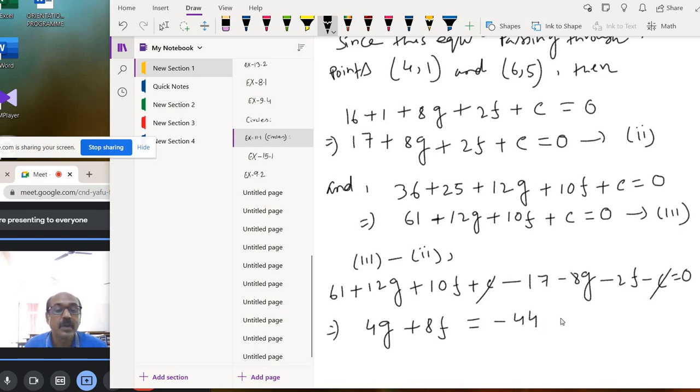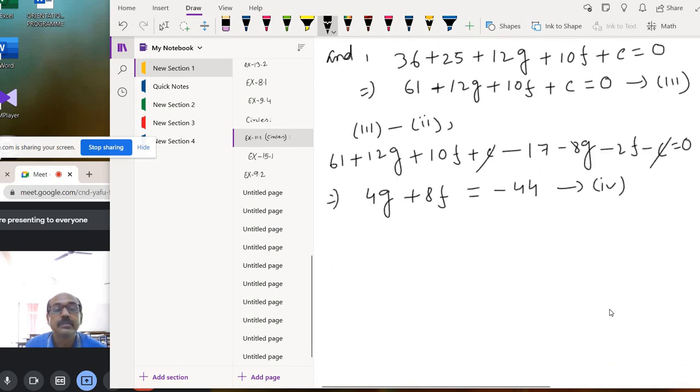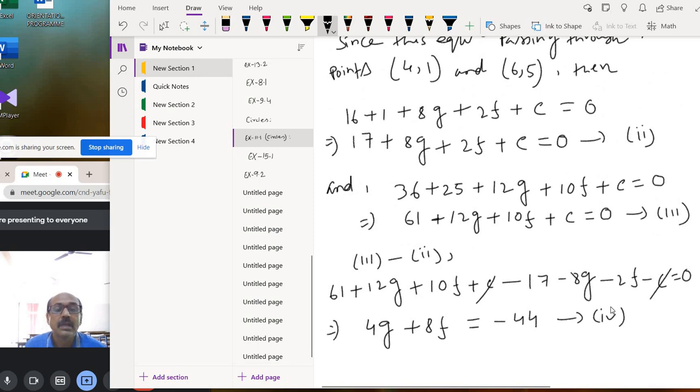This is equation number 4: 4g plus 8f equal to minus 44. Now for the second part, see the question.